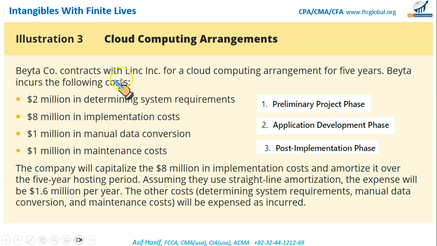Byta Company contracts with Link Incorporated for a cloud computing arrangement for 5 years. Byta incurs the following costs: $2 million in determining system requirements, that is the preliminary project cost, goes right here, expensed to the income statement. $8 million in implementation cost, that's the application development cost, that is capitalized as an asset. $1 million in manual data conversion, this is part of application development, but that is expensed, if you remember.